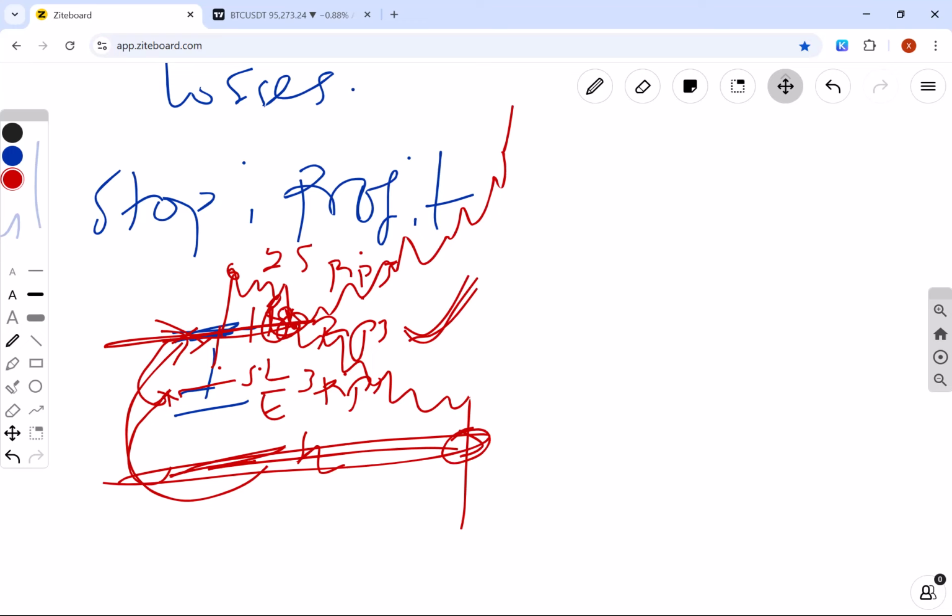Now, what is the importance of limits? Let's look at the importance of limits and then we will call it a day for lesson 4. All right.